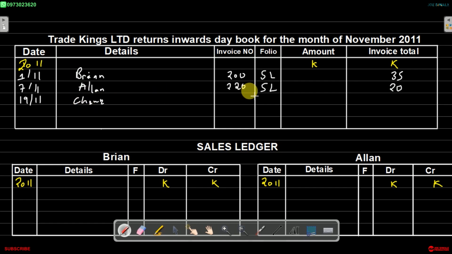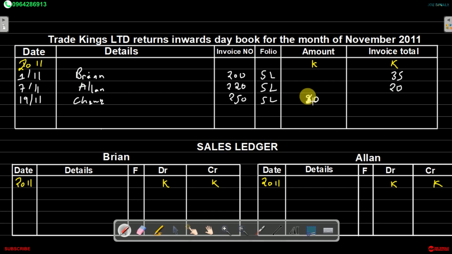So we know that the invoice number is 250. Then here we're going to record SL. And the question reads Chewe returned 4 boxes of boom worth 20 kwacha each. So we're going to say 4 multiplied by 20. The answer that we are having is 80 kwacha.